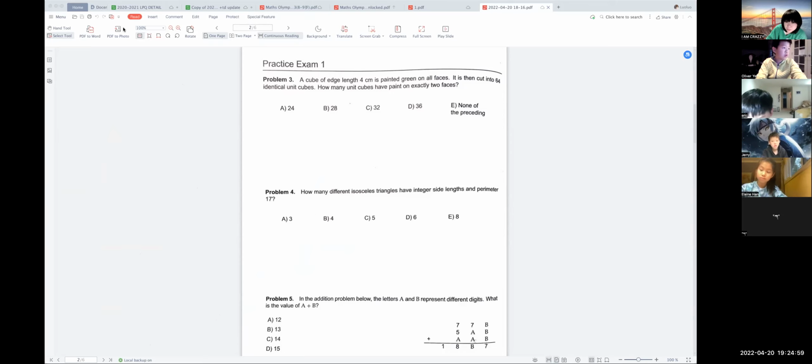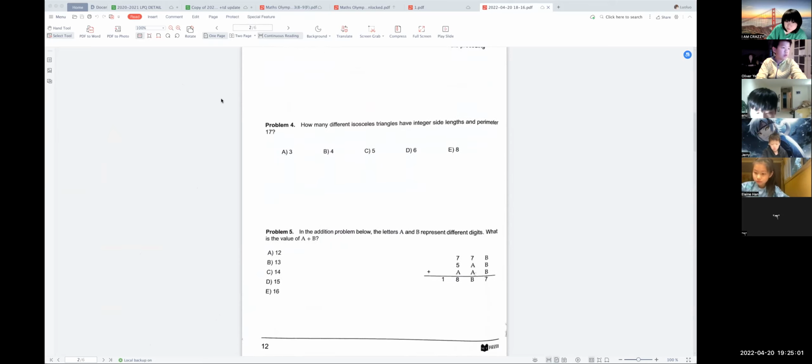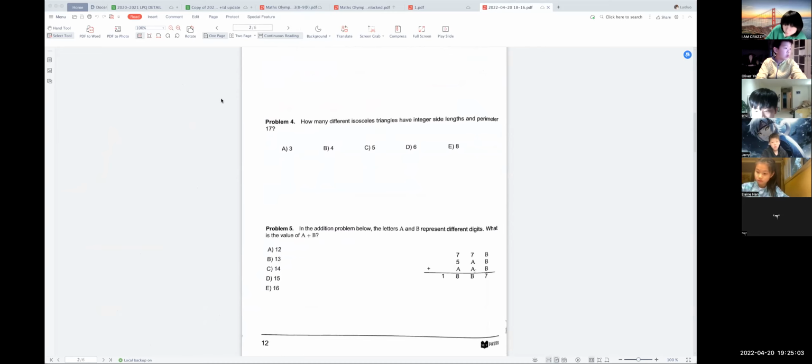Get it, everybody? Okay, let's take a look at number 5. In the addition problem below, the letters A and B represent different digits. What is the value of A plus B?